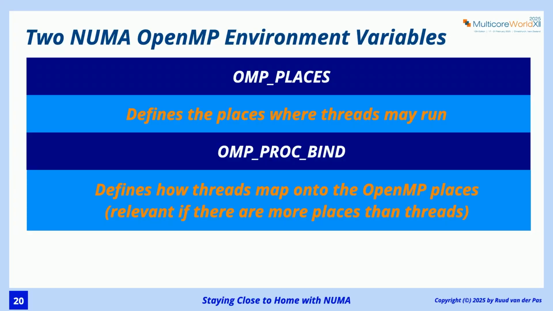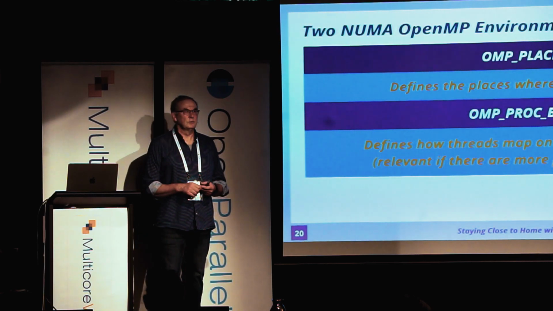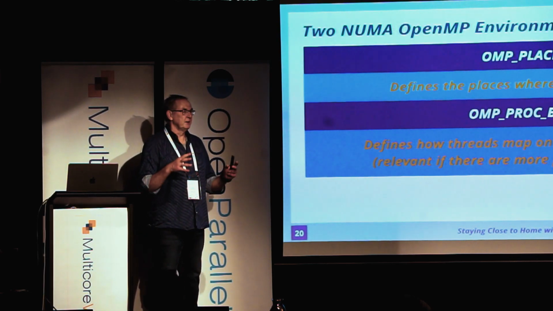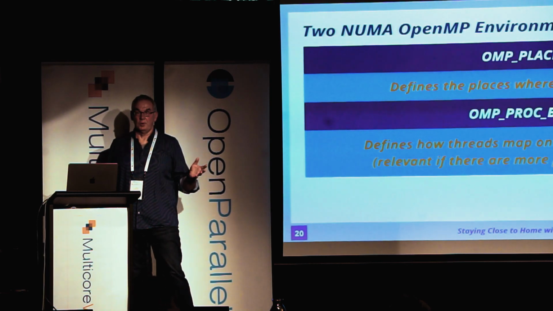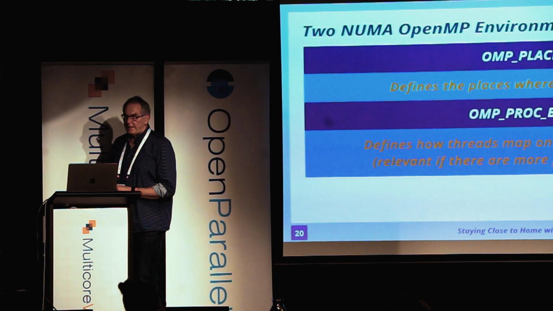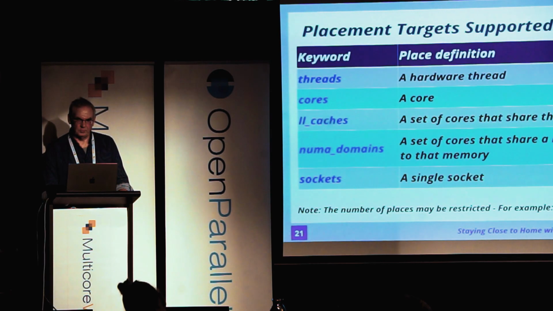Why would you need that? Well, let's say I created 10 places on my system and I only have 4 threads. Which of those 10 places should I pick? So that's why you got 2. And with that, you have it all nailed down. You're going to allow it to be run on a certain part of the system or the whole system, and you tell it how to distribute those threads. So those are 2 environment variables.